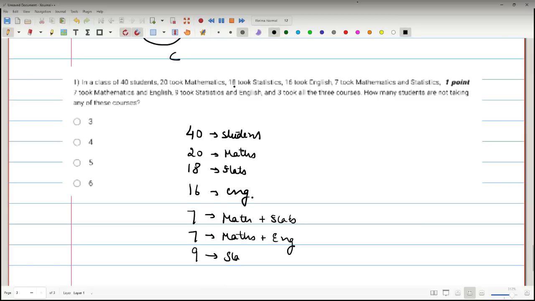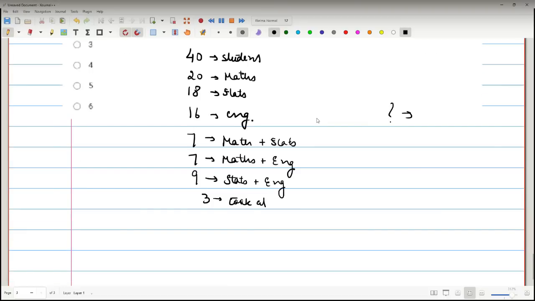And 3 took all courses. Now we have to find how many students took nothing, right? Is this much clear?